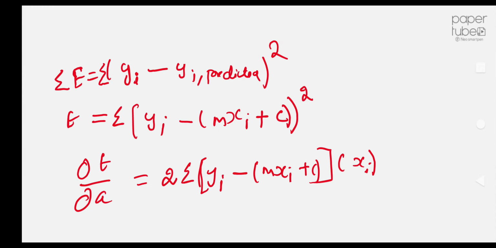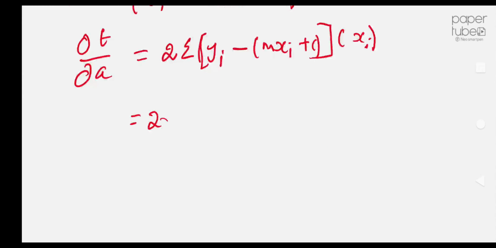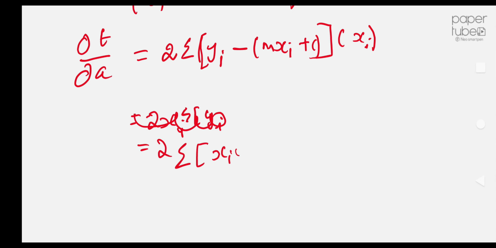So let's expand this equation. This will be equal to 2 times the summation of x of i y of i minus m x i square plus c multiplied by x of i.